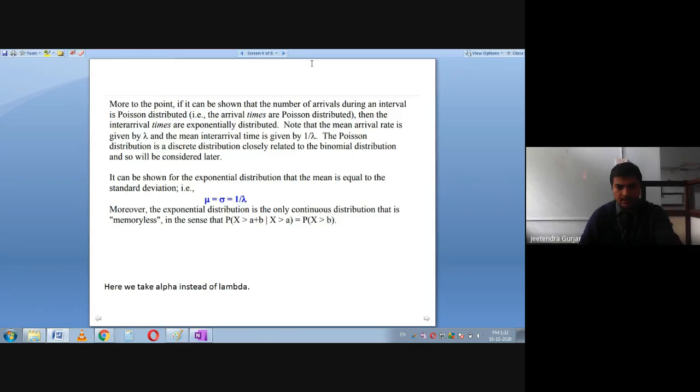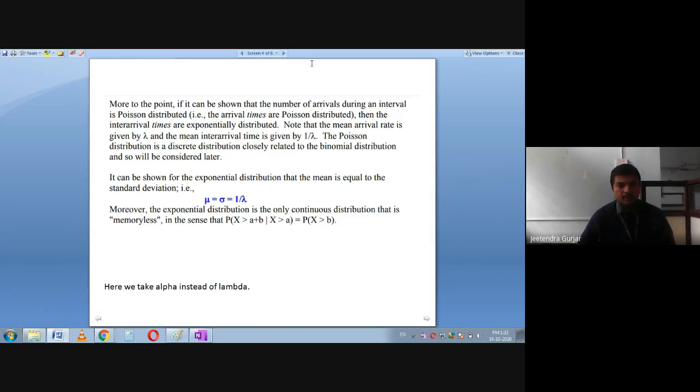It can be shown that for the exponential distribution, the mean is equal to the standard deviation, student. That is, mean is equal to sigma is equal to 1 upon lambda. Moreover, the exponential distribution is the only continuous distribution that is memoryless, in the sense that P of x greater than a plus b given x greater than a is equal to the probability of x greater than b.